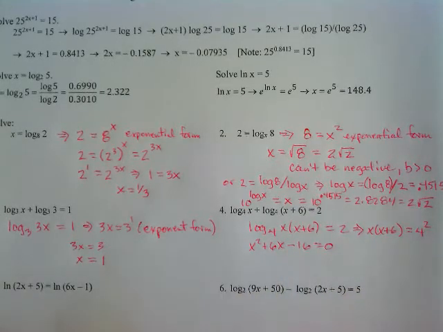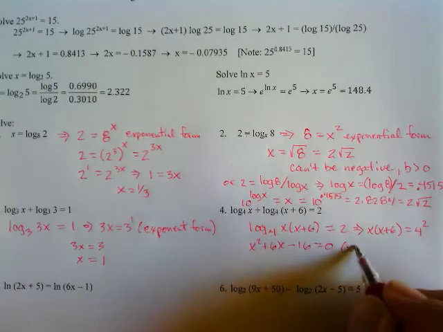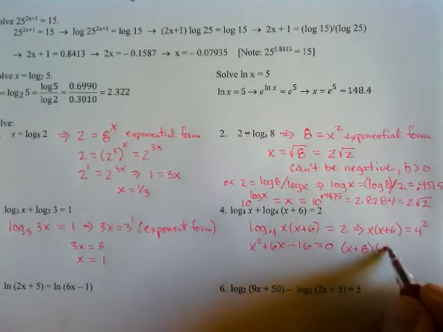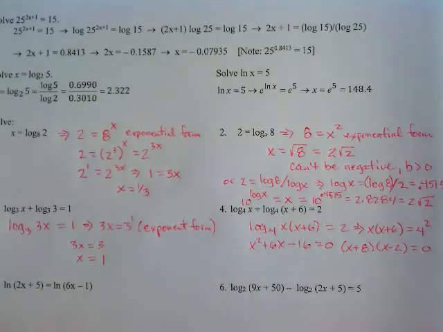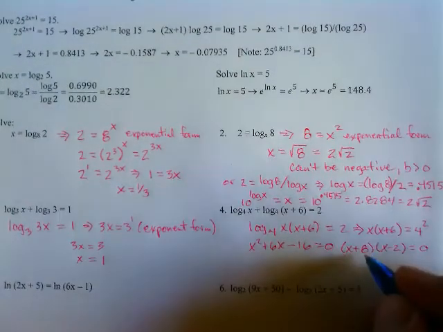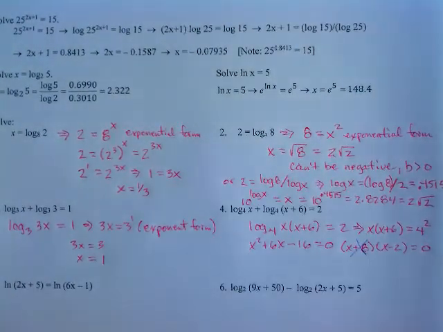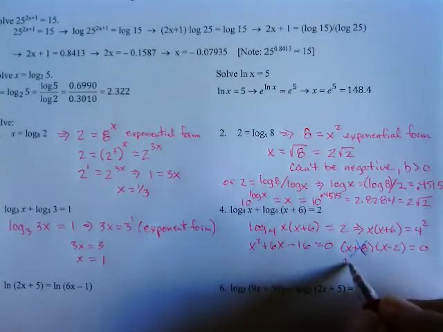This can be factored into x plus 8 times x subtract 2. However, we can immediately throw out this one, because you can't take the log of a negative number.